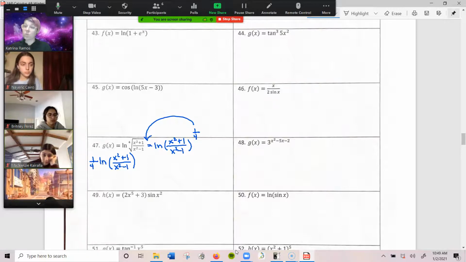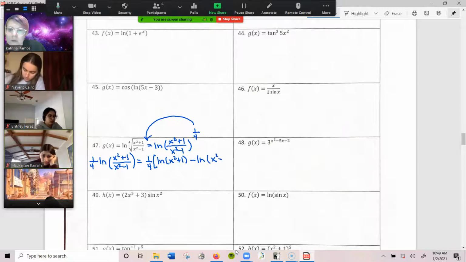Additionally, this is a quotient, right? And the rules for ln would be 1 over 4, we would subtract. So this would be ln of x squared plus 1 minus the ln of x squared minus 1.